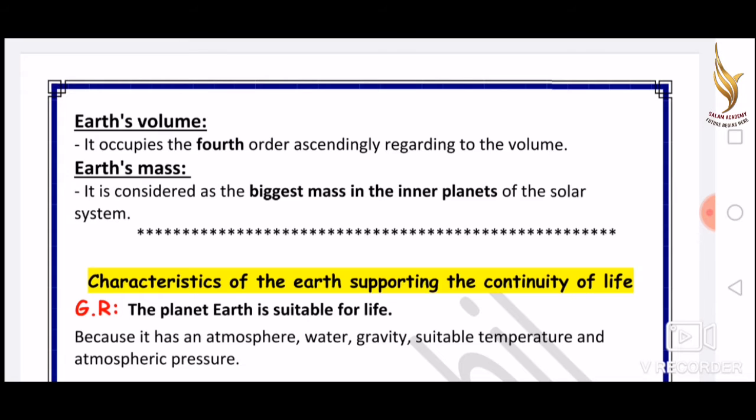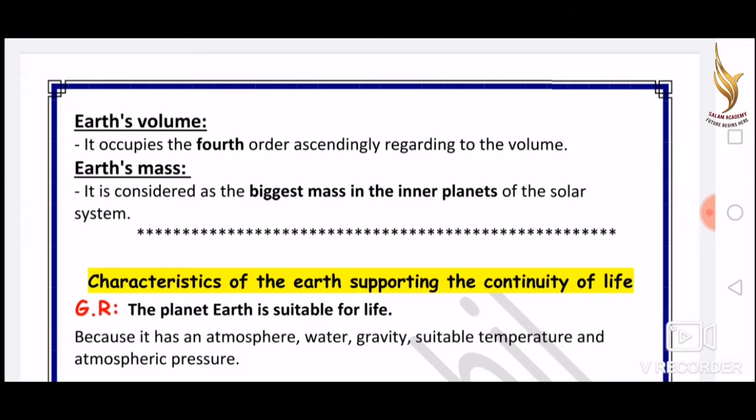So Earth is considered the biggest inner planet and is smaller than any outer planet. Can you remember the inner planet and the outer planet? The inner planets are the planets nearest to the Sun, and the outer planets are the planets farthest from the Sun. The Earth occupies the fourth order ascendingly regarding the volume.